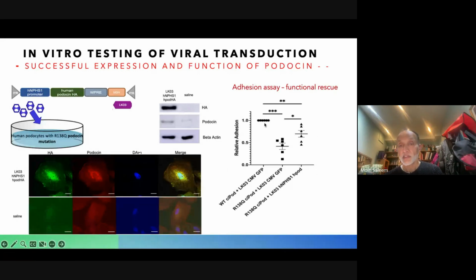When these cells are deficient in podocin, they have what's called an adhesion defect, so they don't stick to the plastic in the tissue culture well very well, and you can measure that. So they have low adhesion, which is shown here compared to normal, and then when you add the podocin back using the AAV virus, that adhesion is rescued almost back to normal levels. So you can show both protein expression and functional rescue.